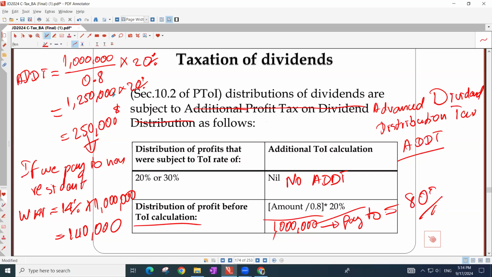How about if we pay dividend to a resident? Only ADDT. So resident shareholders are exempted from withholding tax. It doesn't matter whether the shareholder is a legal entity or a physical person, registered or non-registered, but can be foreign residents, and the tax is also exempted.